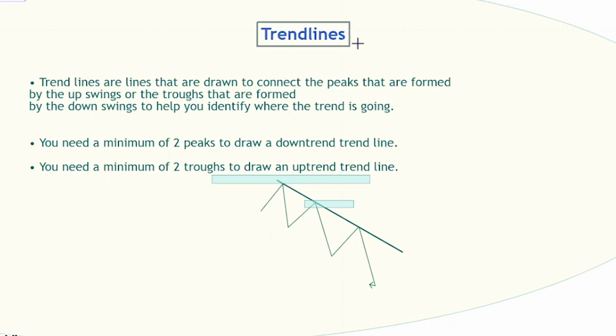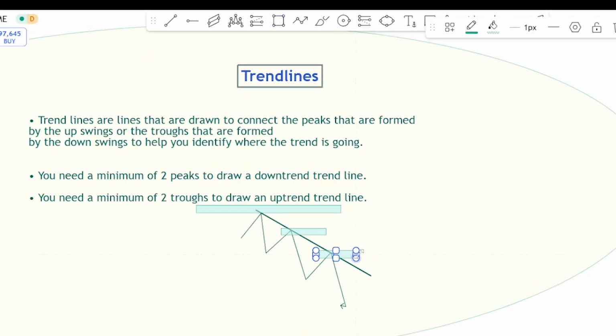When we are selling from the high, it means that we are entering from resistance. We connect the highs from where we are selling from with a resistance trend line. So this is a resistance trend line because we are connecting the areas of resistance and we are selling from resistance.